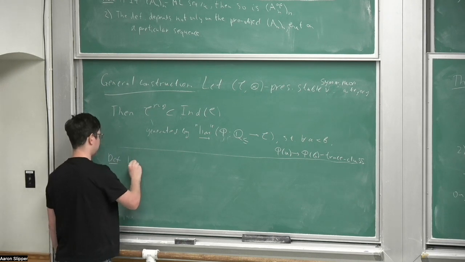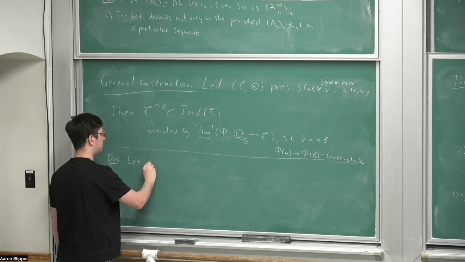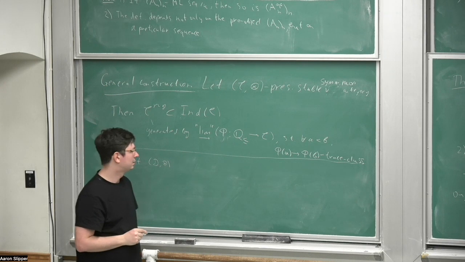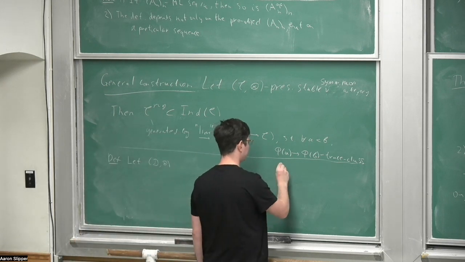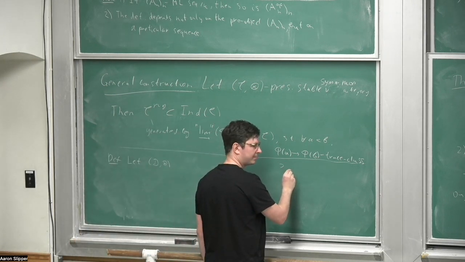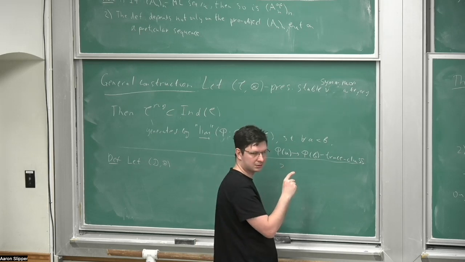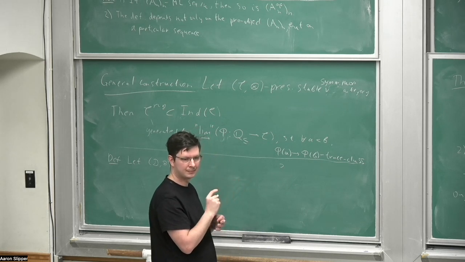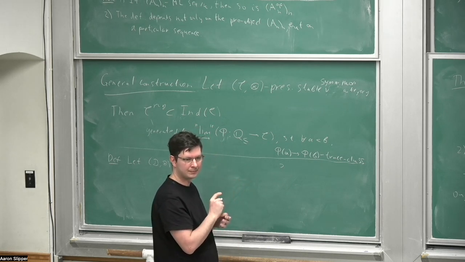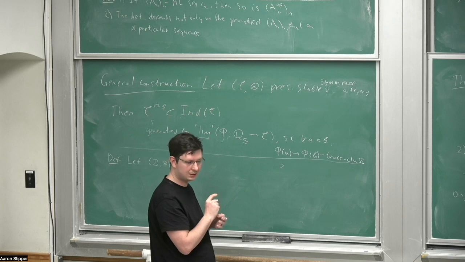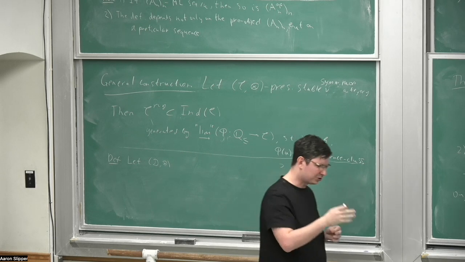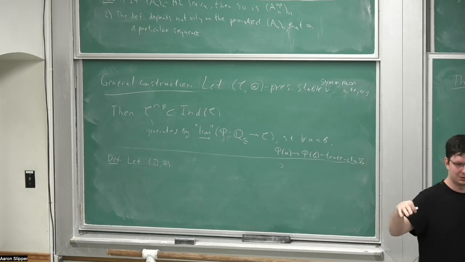Let trace class be a property of morphisms in C. It's a property which is formulated in terms of dualizable internal Hom, sorry, in terms of internal Hom to the unit tensor.